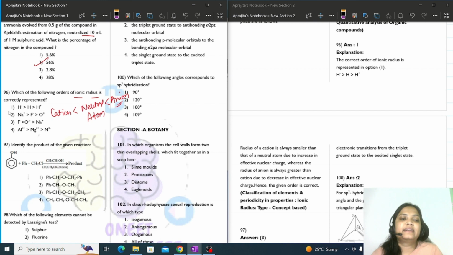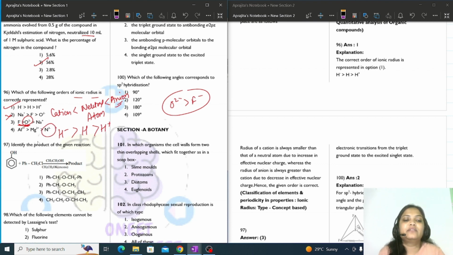So the correct representation is the first one only: H minus is an anion, then H is a neutral atom, then H plus. This is correct. The second one is wrong. This one is also wrong because O2 minus has more negative charge than fluorine, so it will have more radius. And similarly here N3 minus will have the largest ionic radius, so this is also wrong. So it's option 1.